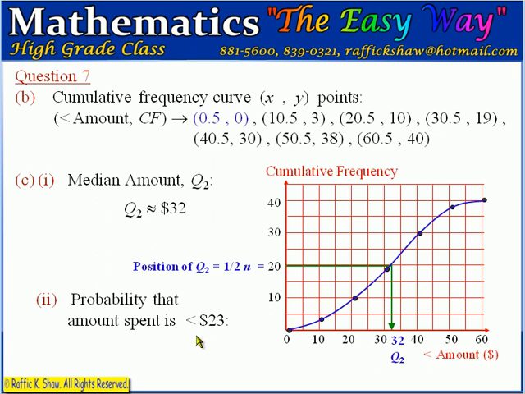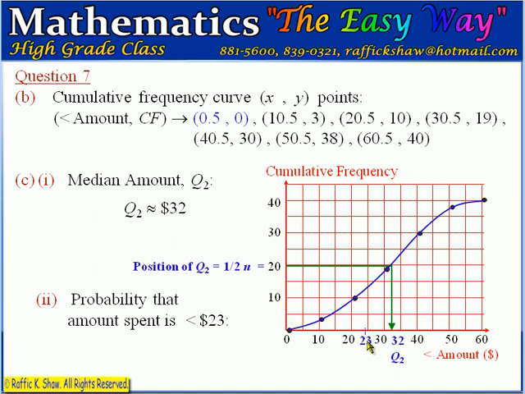So to find the probability, we need to find the number of students who spent less than $23 and divide that by the total number of students in the survey.